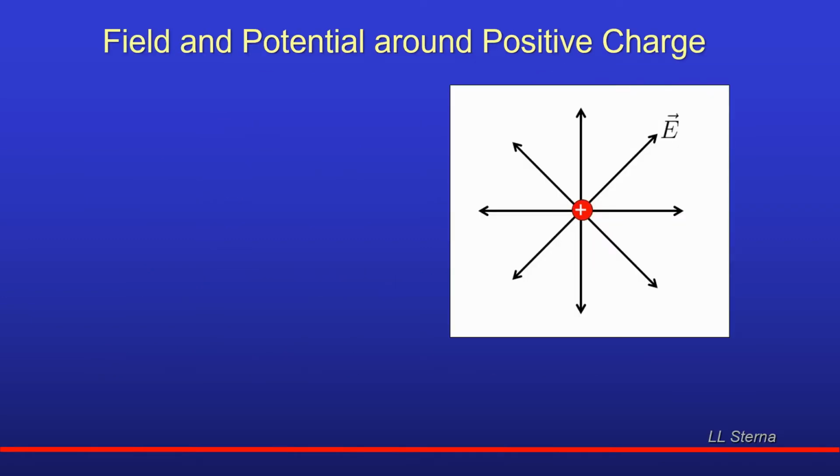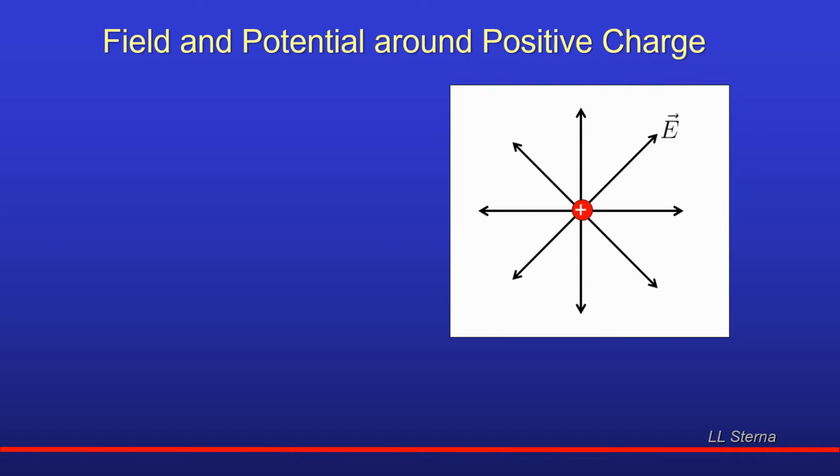Let's consider the field and the potential around a positive charge. The electric field points outward from a positive charge. Remember, the field is in the same direction as the force would be if we brought another positive charge close to this charge.